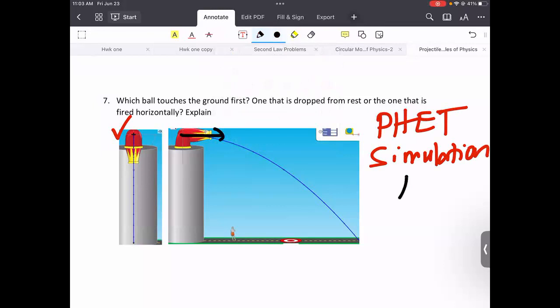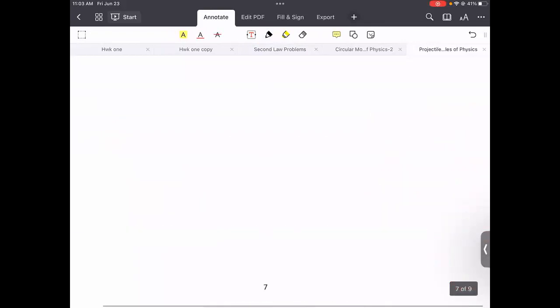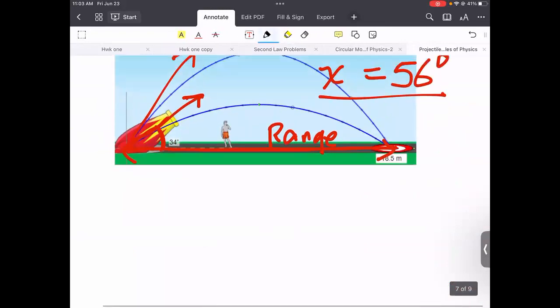If you go to the PhET simulation, look at the projectile motion simulation and try this experiment, it'll be interesting. I also invite you to try this experiment out.